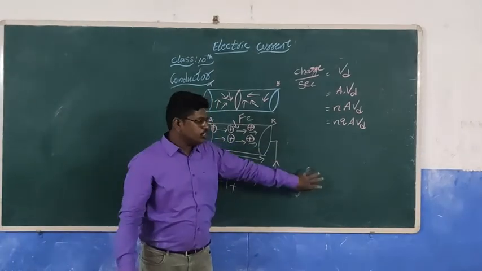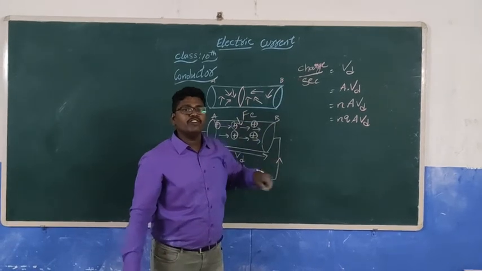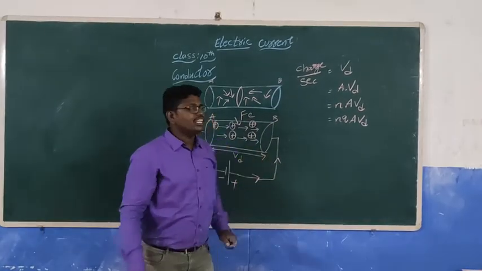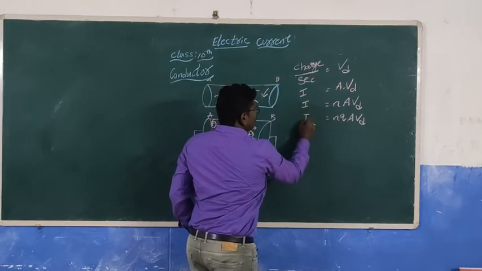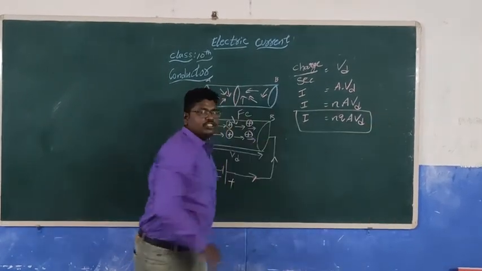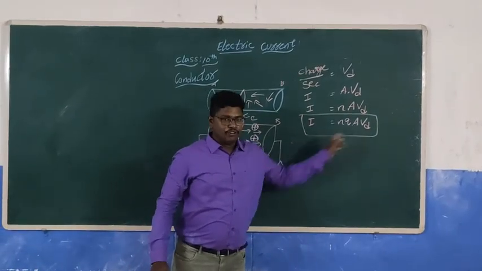So just now we discussed what this charge per second is. Charge per second is equivalent to the electric current. So what is the equation of electric current? I equal to NQA Vd.